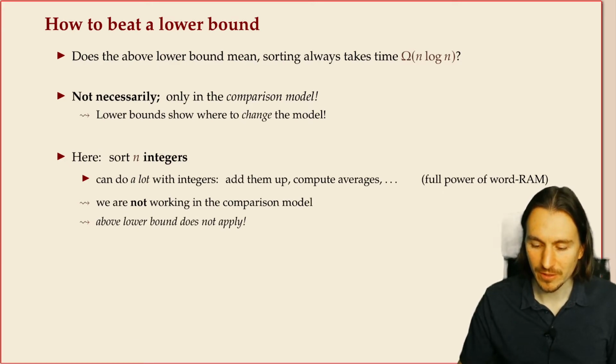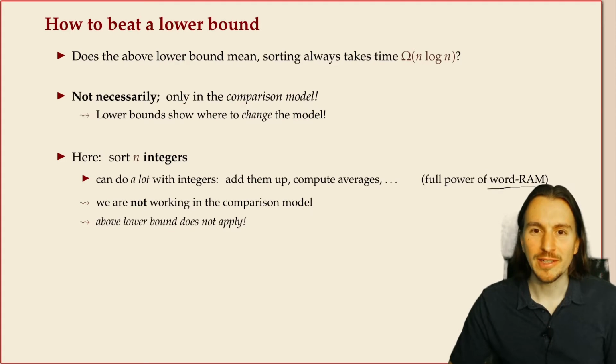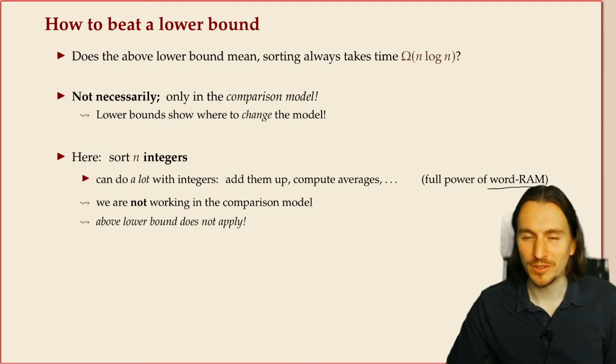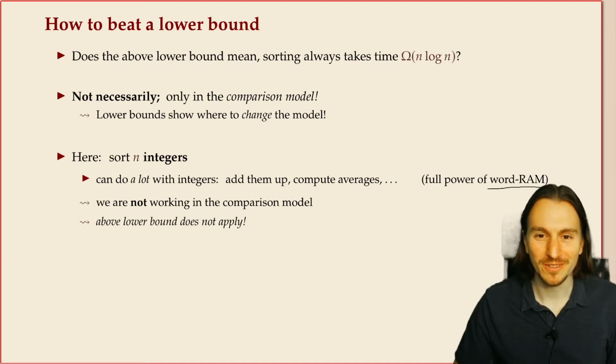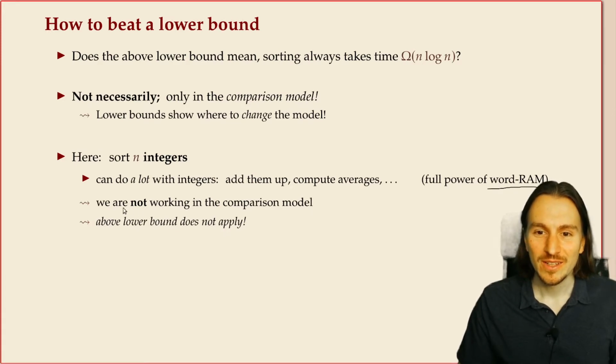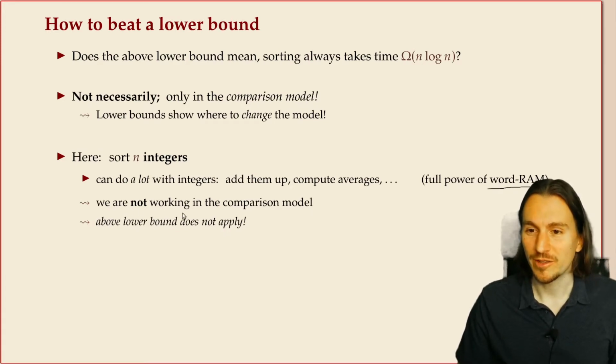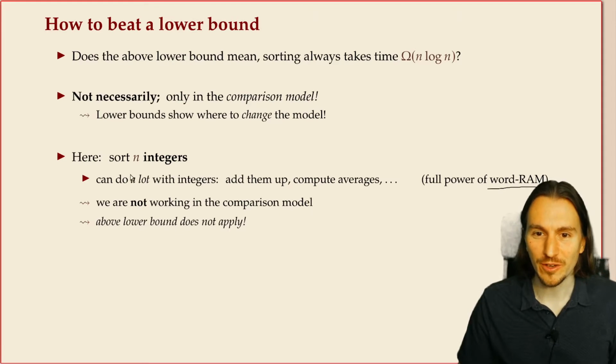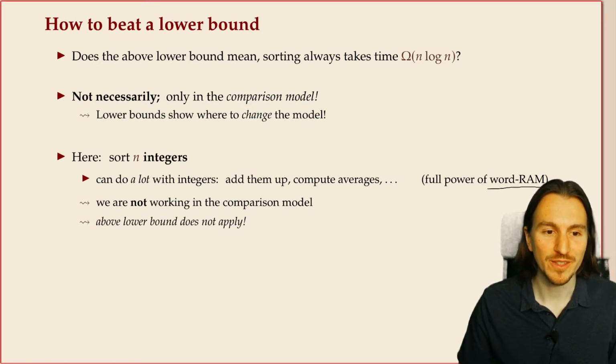This is something I've mentioned when we discussed the model. You can do all sorts of weird things. I'm not really going into details here, so maybe let's just leave it with that general comment. We're definitely not working in the comparison model if we start computing with these integers. So the lower bound formally doesn't apply. This doesn't say you can do it better, but it says you might be able to do better.